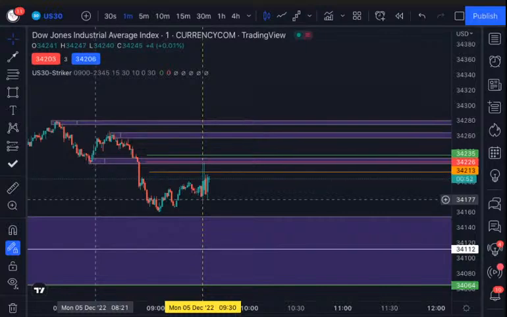Like I said, since the market is so heavily short, it could easily break above 34235 and then continue up. See that? It's trying something.